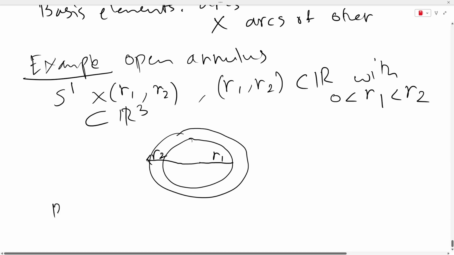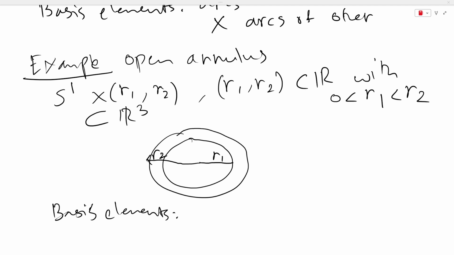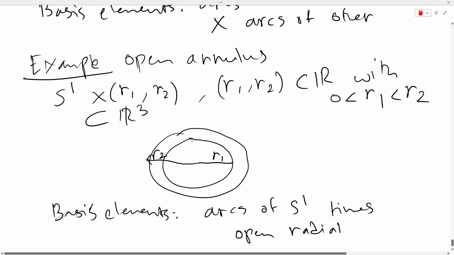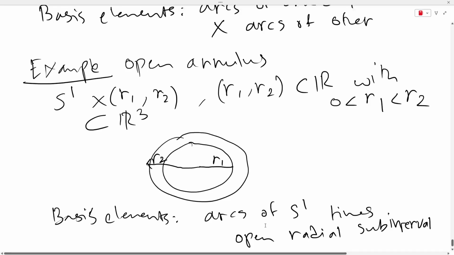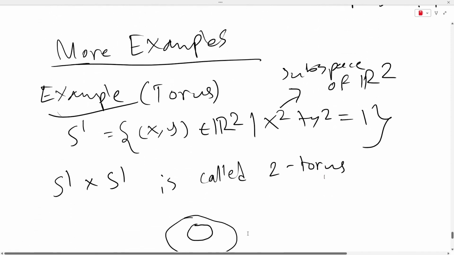And basis elements are arcs of S1 times open radial subintervals. Also, S1 is called the one-dimensional circle.